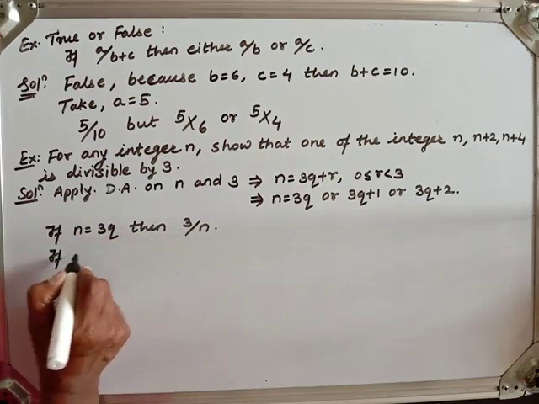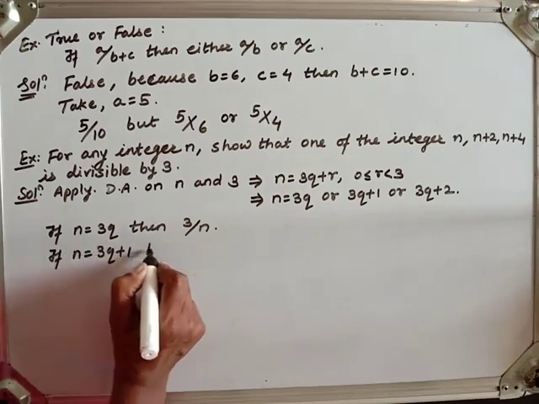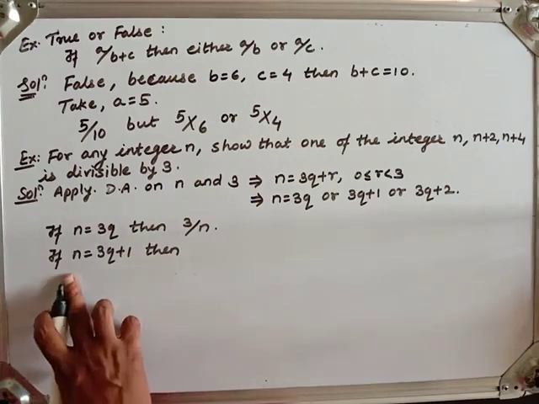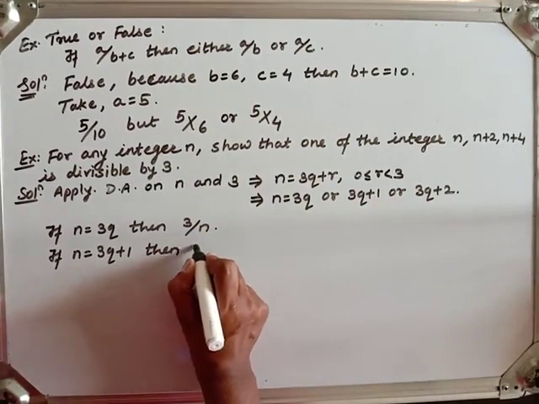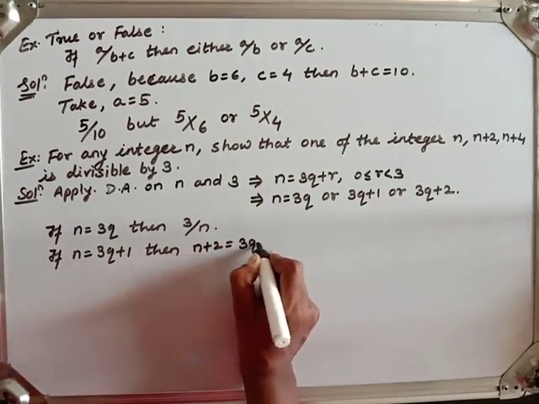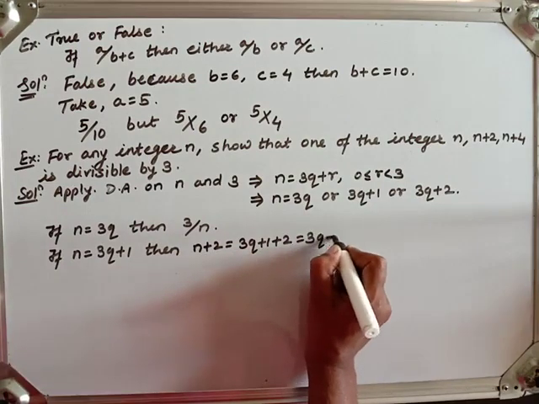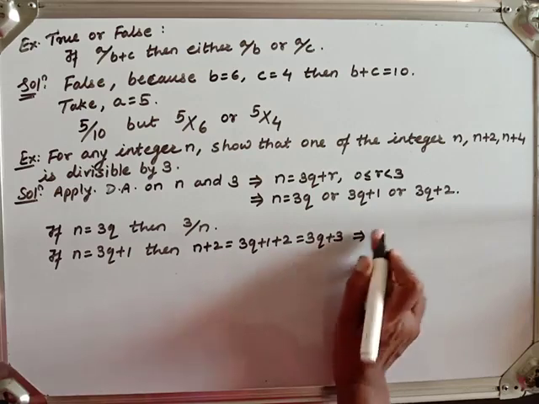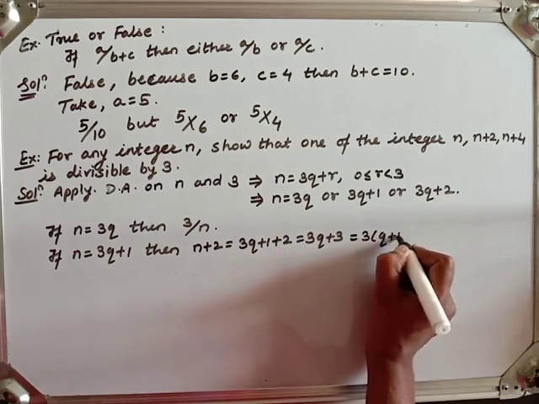Now if n is equal to 3q plus 1, then 3 doesn't divide n. So take n plus 2. N plus 2 is equal to 3q plus 1 plus 2, that is 3q plus 3, and that is 3 into (q plus 1).